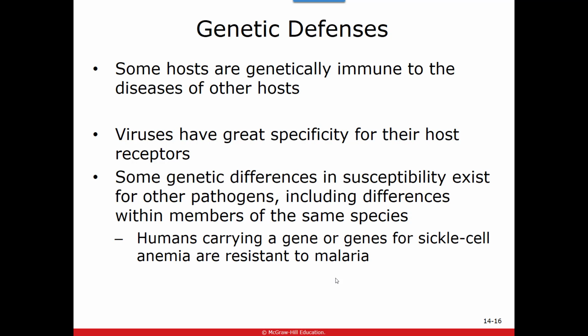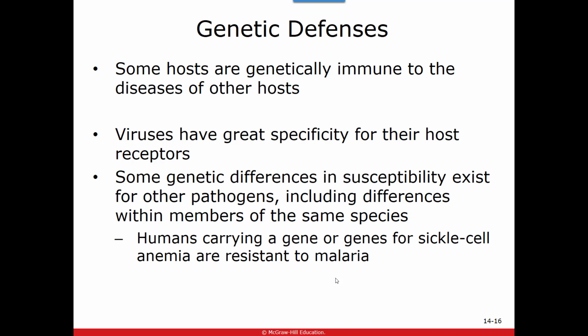Viruses have a great specificity for a host. That's why there are lots of viruses that affect other animals, and lots of viruses that affect plants. We're not the right host for many of them, so only some viruses can infect us. And there are some unique genetic differences that different humans can have that can make them immune to different disorders.